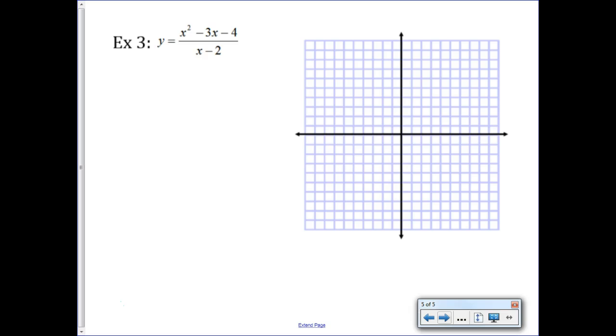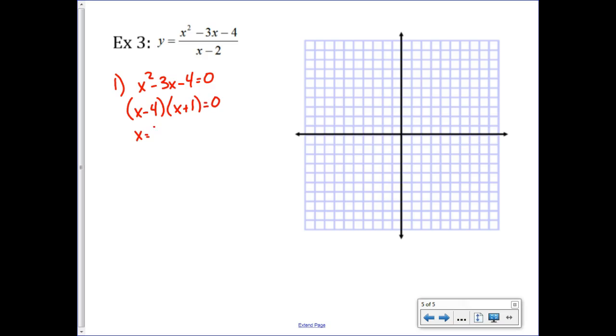So let's see. We want to know for our x-intercept where x squared minus 3x minus 4 is going to be equal to 0. So I'm going to factor this. So x minus 4, x plus 1 would equal 0.